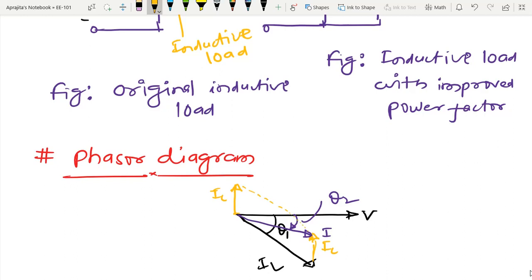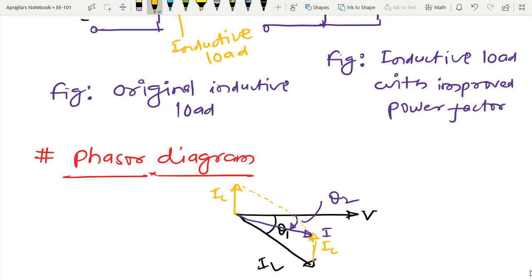So here what we have observed is that initially this load is drawing a large amount of current, and now the magnitude of current is going to reduce because I equals IL plus IC.